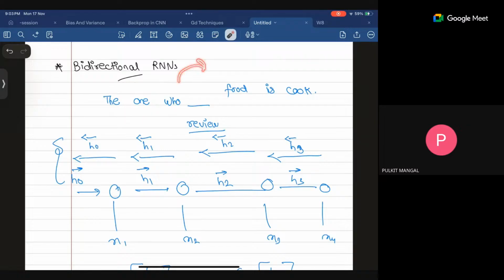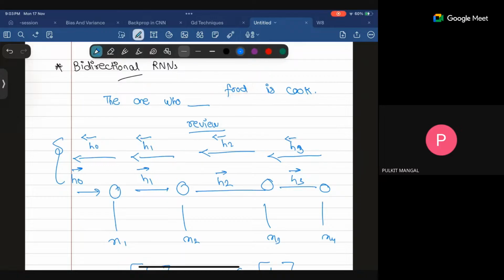Even if this is my sentence, for the later part, it depends upon what this next word is. So if in place of food, as the first thing that I wrote here, the one who reviews movie is critic.